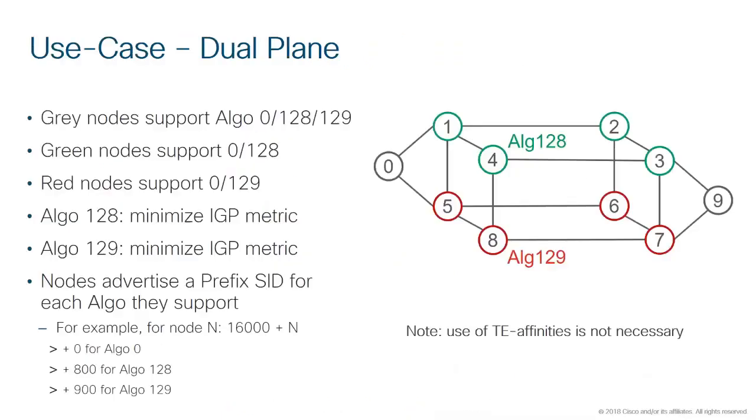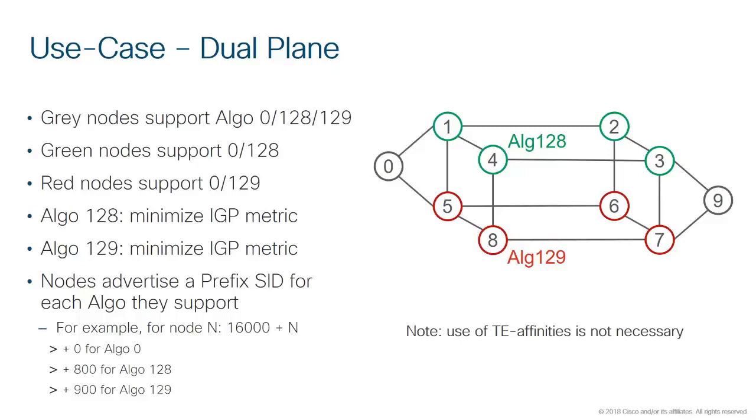Okay. So we see the first obvious use case, the dual plane. And maybe this slide is to remind that we are doing the dual plane without the TE affinity. By intuition, we could think that in order to do dual plane, we would need to color the links green and red, and say I'm going to exclude the red links when I'm in the green plane.